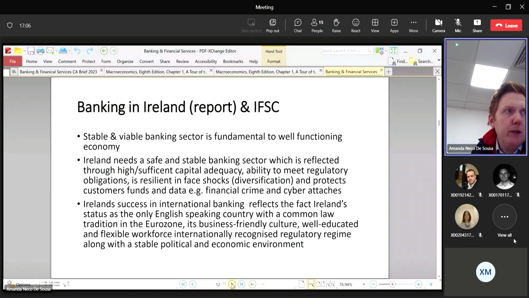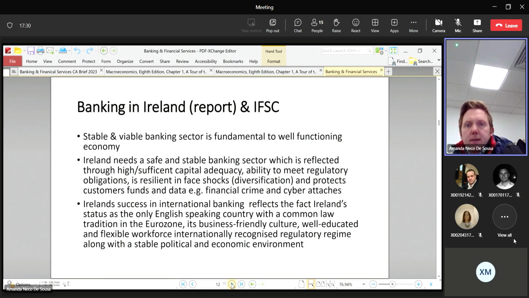Then briefly we touched on that Banking in Ireland report that I asked you to look through in one of the first weeks, and some of the takeaways from that, looking at the IFSC, is that you need a stable and viable banking sector, and that's important for a really well-functioning economy.